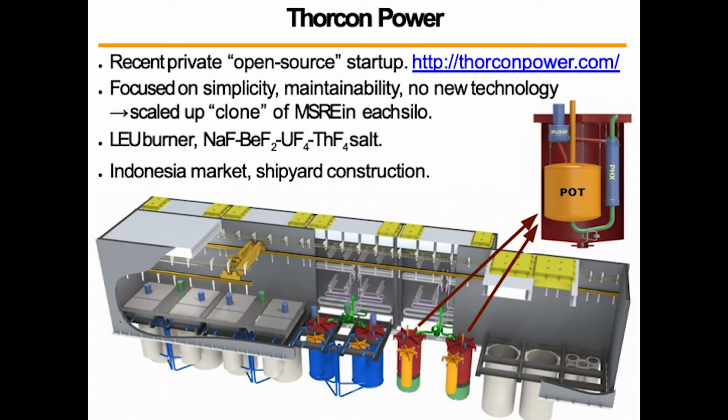There are other startups. ThorCon Power is a sort of open source startup, so they publish all their technology openly. It was started by Martingale Company, which is in shipbuilding. So they have shipyards. So the idea is sort of shipyard building of these systems. They are looking at Indonesian markets, and they are trying to just scale up the molten salt reactor experiment with as few innovations as possible.